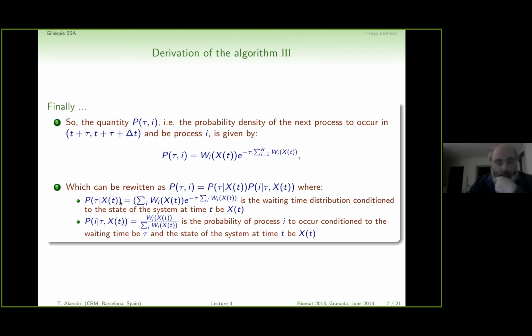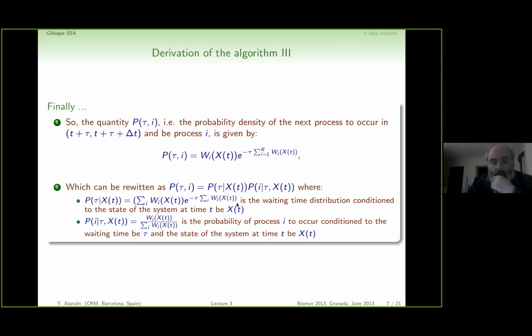We can rewrite this in this way. To see this, it's very easy. You just have to multiply and divide this expression by this term here, and this will give you the normalized probability for the waiting time conditioned to the state of the system at time t.